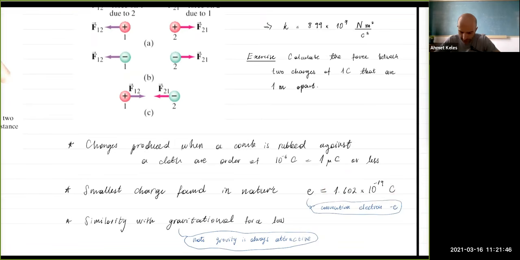This is the charge of an electron, and the electron is one kind of particle with charge. Another kind is the proton, which has the opposite charge. So the convention is the electron charge is minus e, and the proton charge is e. And charge, we call it quantized.